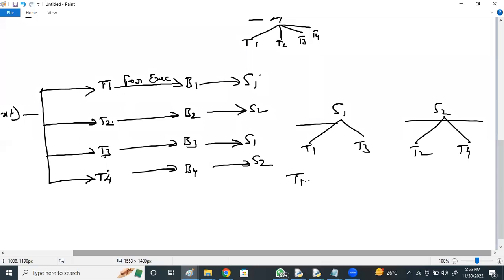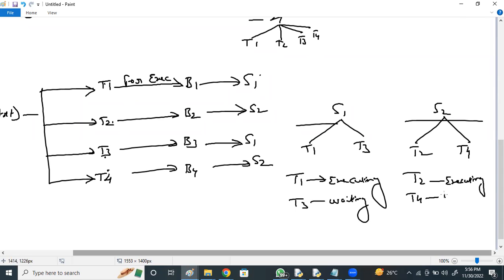When T1 is executing, T3 will be in the waiting state, right? When T2 is executing, T4 will be in the waiting state, right?